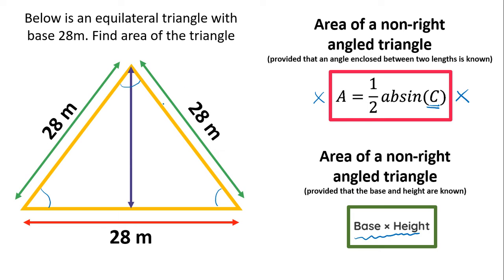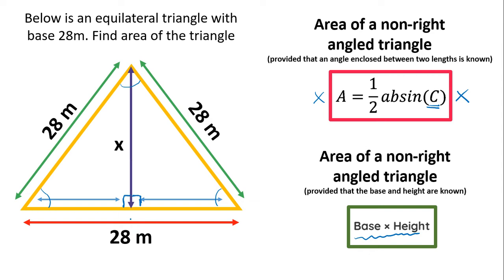Now, after I break this down with this vertical height, you need to notice that this is making a right angle triangle. And we also need to know that because it's an equilateral triangle, if I am breaking this into half, that means this height, if I take it as x, and these two lengths right here are supposed to be half of 28.